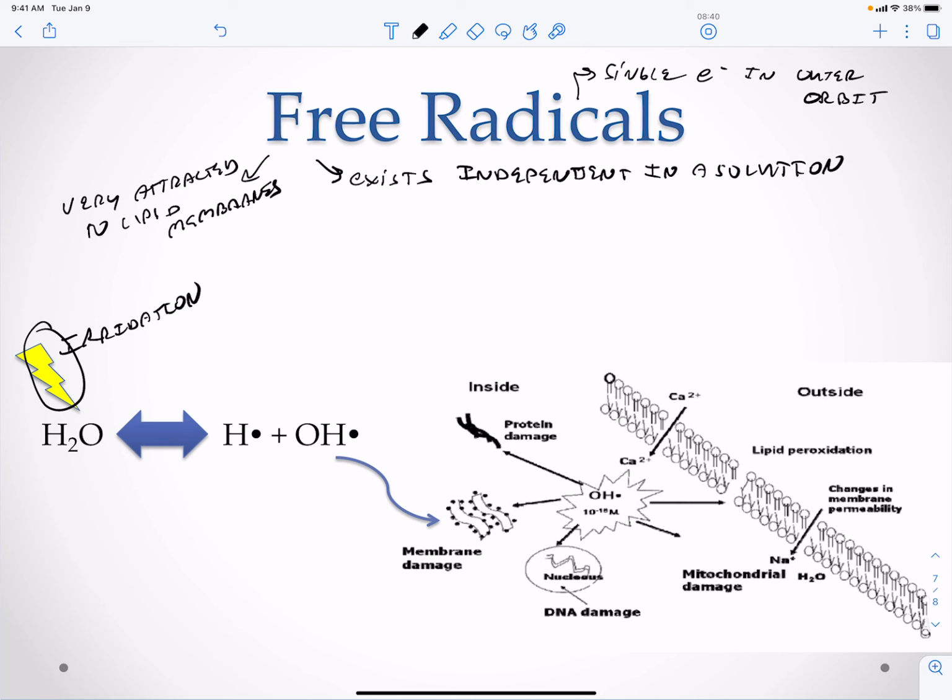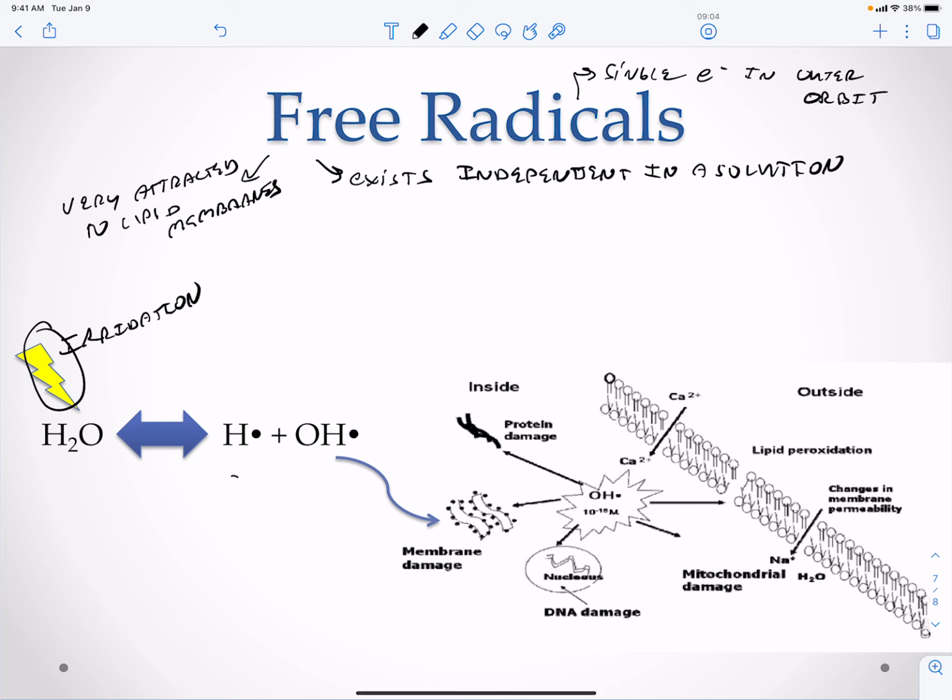Simple biochemical reactions in our body can generate free radicals. We have an electron transport chain. Oxygen has to be the final electron acceptor. If it picks up an electron before it gets to the point where it's supposed to, it can become a free radical. And that's how you can generate free radicals in your mitochondria at a high level because oxygen is there and you're moving around electrons.